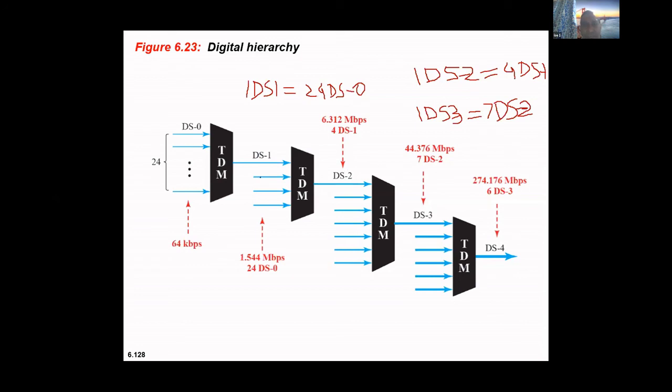Then 1 DS3 is equal to 7 DS2. And 1 DS4 is equal to 6 DS3.